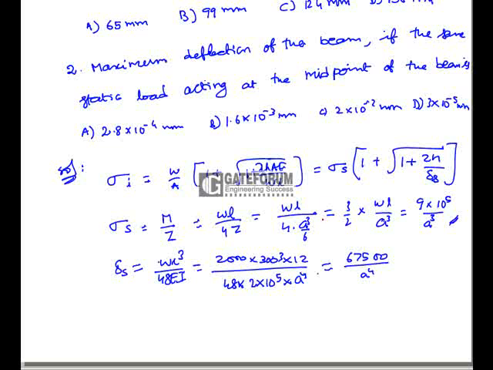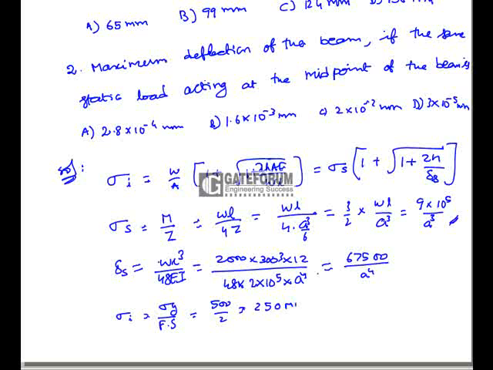Now substitute these values in the impact stress equation, where the impact stress is not to exceed the maximum yield strength divided by the factor of safety. Here the maximum yield strength is 500 and the factor of safety is 2, so it is 250 megapascal.